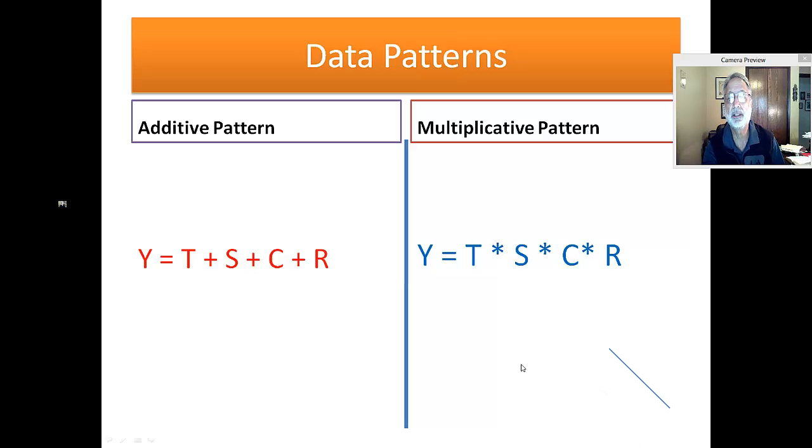If you look here, where I'm pointing in terms of an additive pattern, and remember, the data can consist of, and we saw that, trend, seasonality, cycle, and random behavior to it. Notice here, these things add together to become our Coors Light shipments, okay?